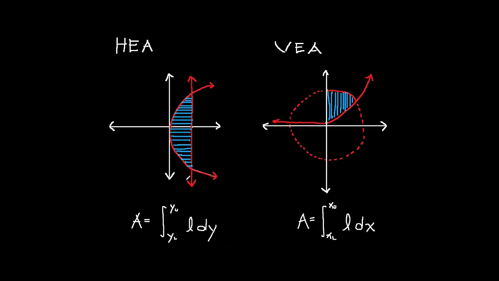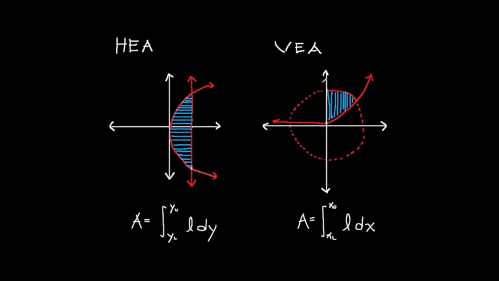So I chose these variables, y lower limit, y upper limit, because sa HEA, since you already have your left boundary and your right boundary, you only need to find the limits by knowing where they intersect or saan siya mag-enclose. So in this case, we need the y value here and the y value here.